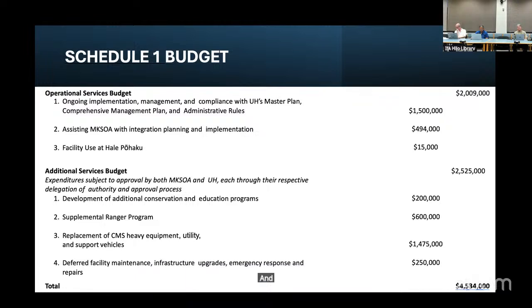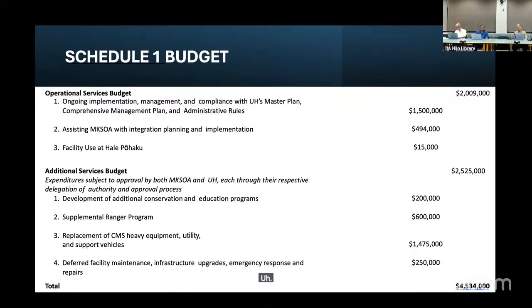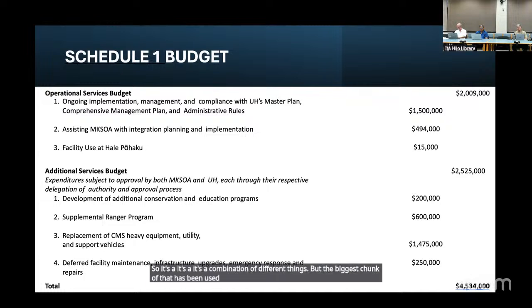And those monies are used for ranger salaries, some natural resource and other program expenses. We've had to extend contracts, for example, with some of our consultants, like our archaeological consultant, so the monies are used for that. So it's a combination of different things, but the biggest chunk has been used for the ranger program.